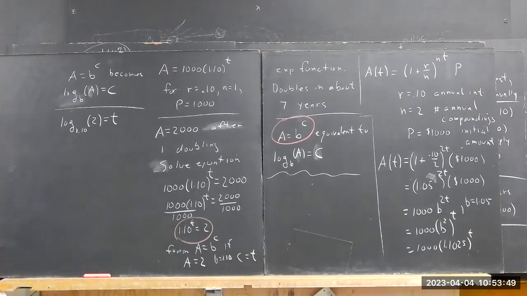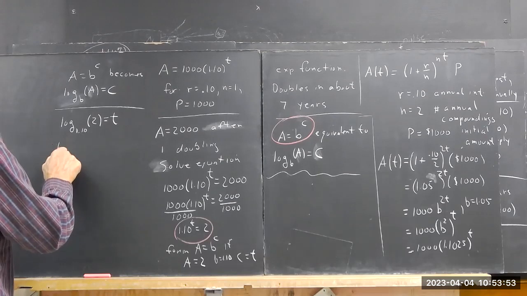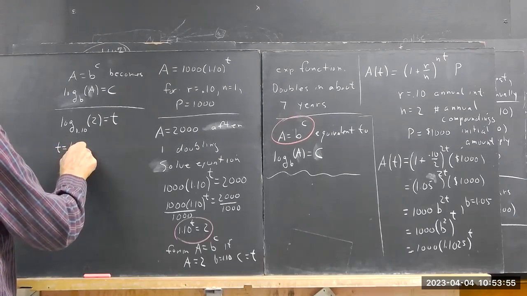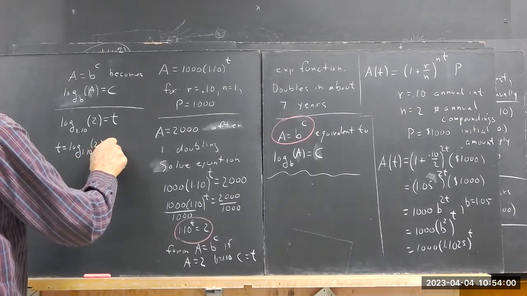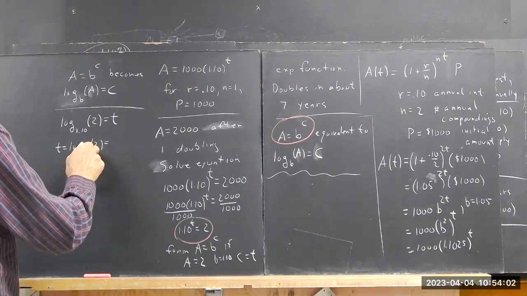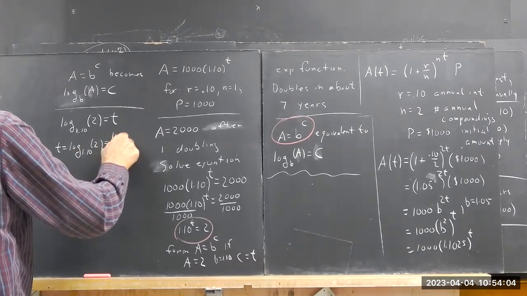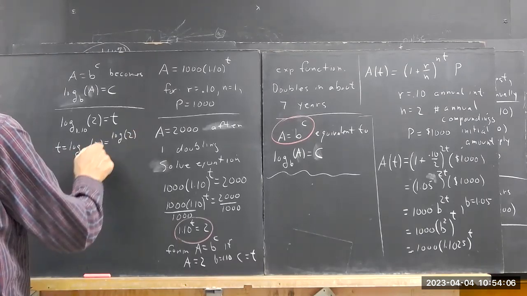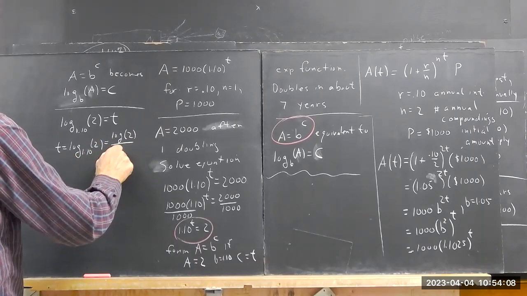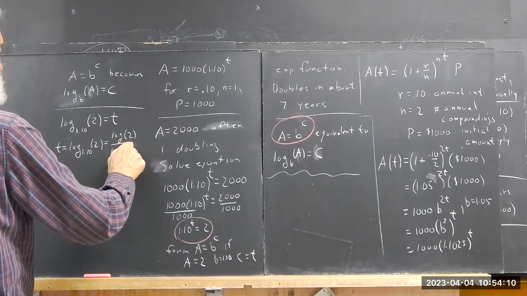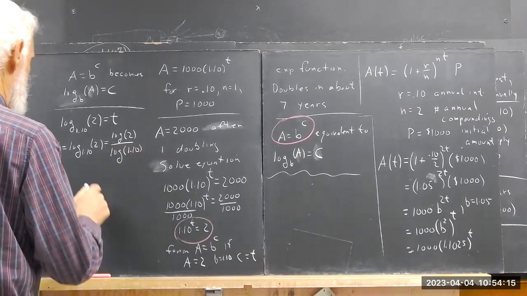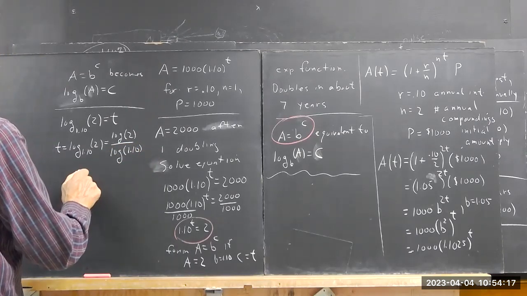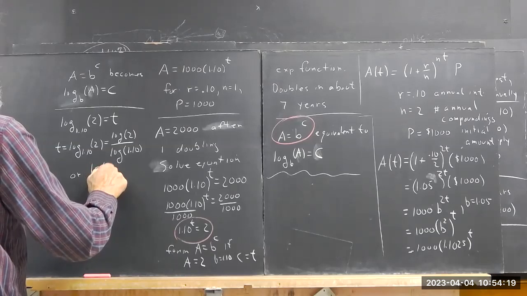Now, I got to put this in your calculator, using the rule that says log base B of whatever is the log of this number divided by the log of your base. Or it could be the natural log.